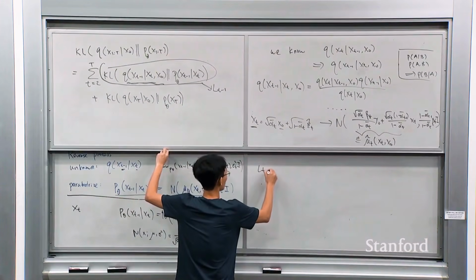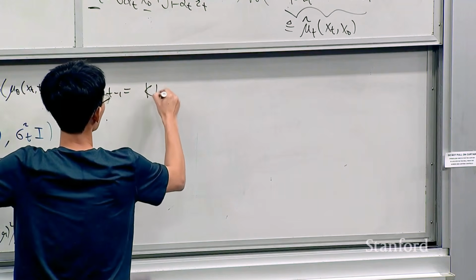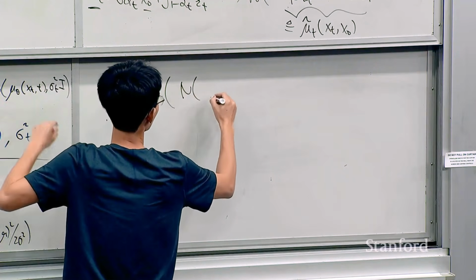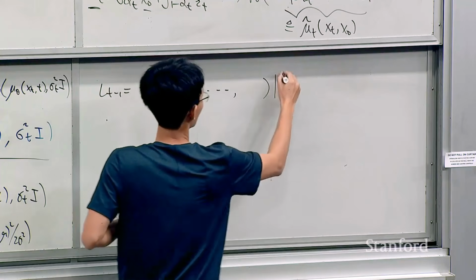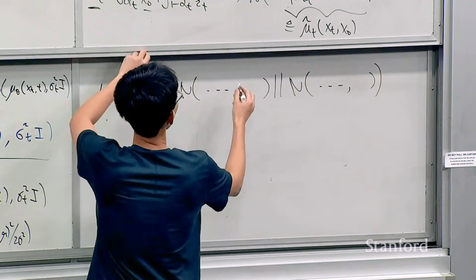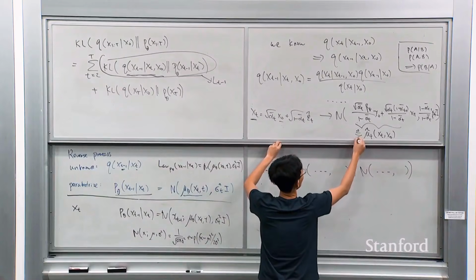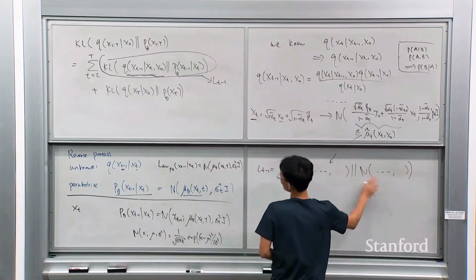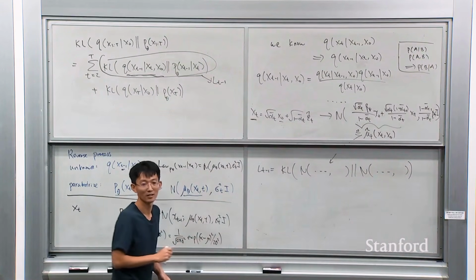So L_{t-1} is just a KL between two Gaussians. One of these Gaussians is this one, and the other Gaussian is this one, right?